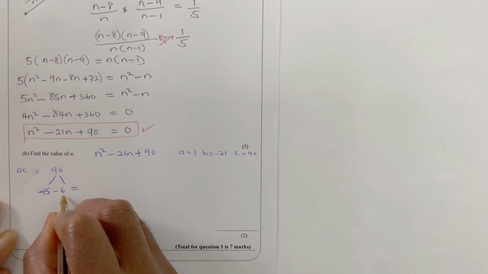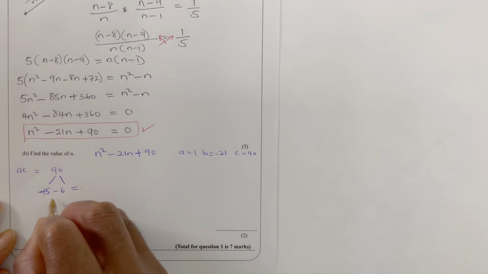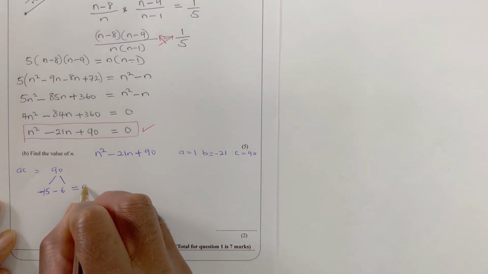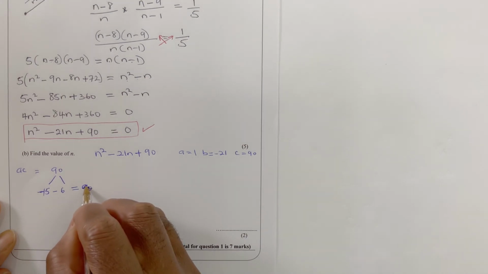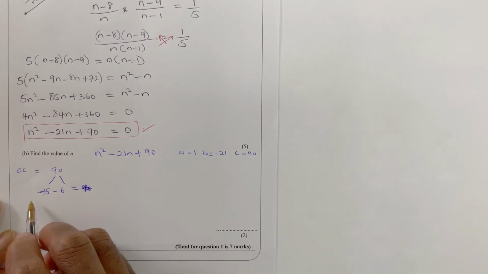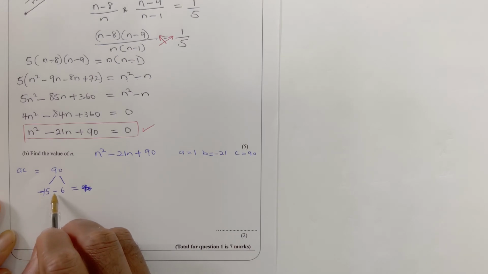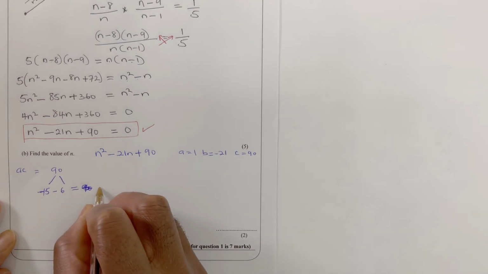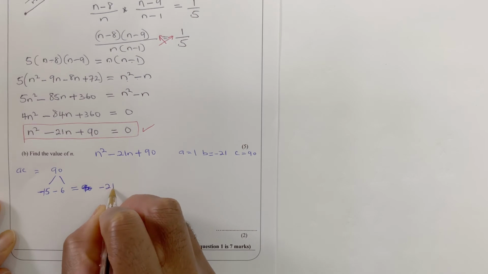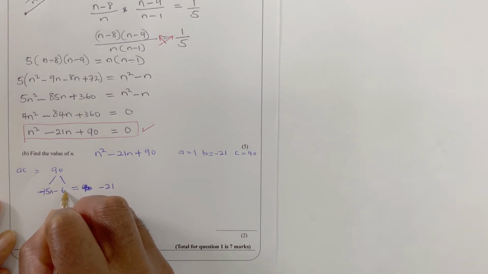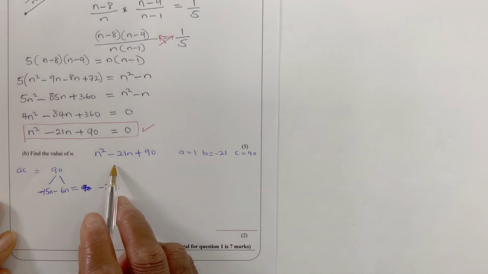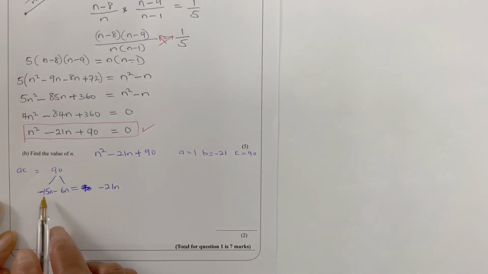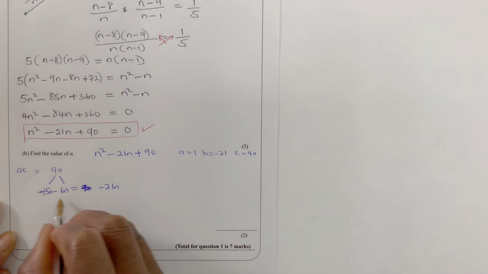Minus 15 times minus 6, minus times minus is plus, so that'll be 90. But when I add them together, minus 15 minus 6 will be minus 21. So I can replace minus 21n with minus 15n minus 6n.